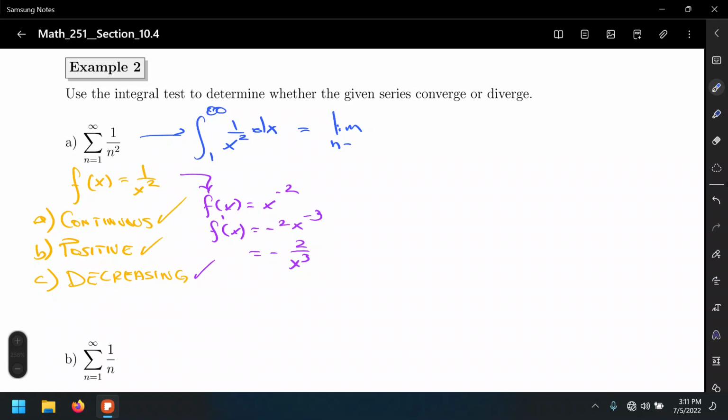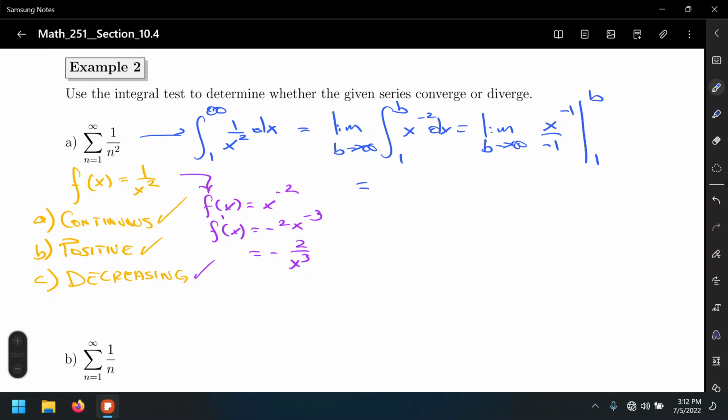Limit as b approaches infinity, from 1 to b, of x to the negative 2 dx. And we can integrate this function using the general power rule. And that's going to be x to the negative 1 over negative 1 from 1 to b.